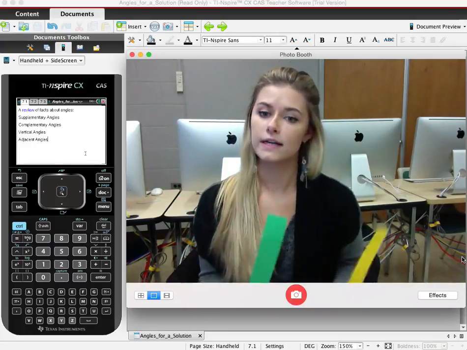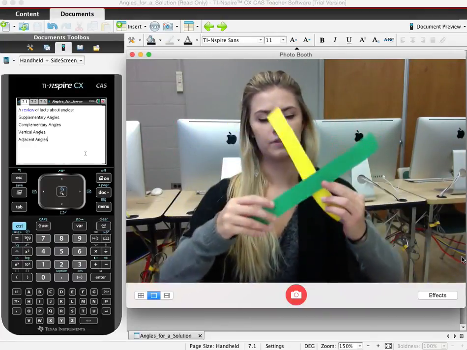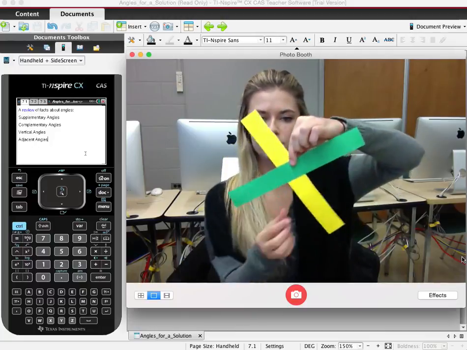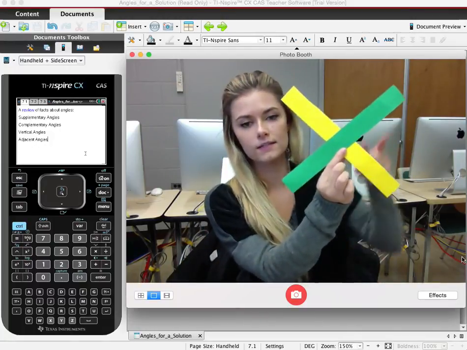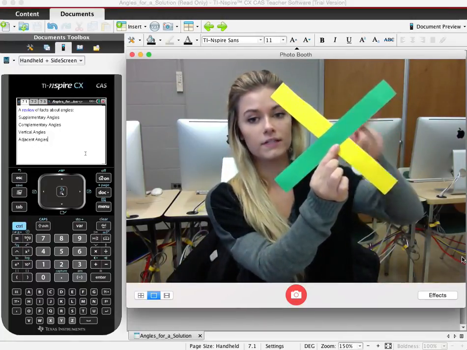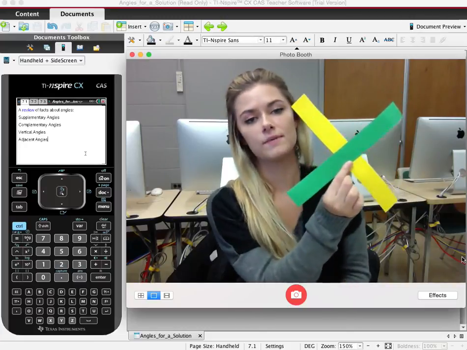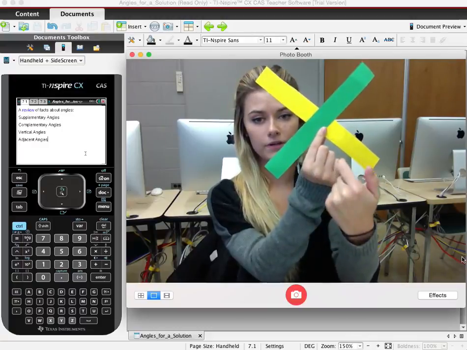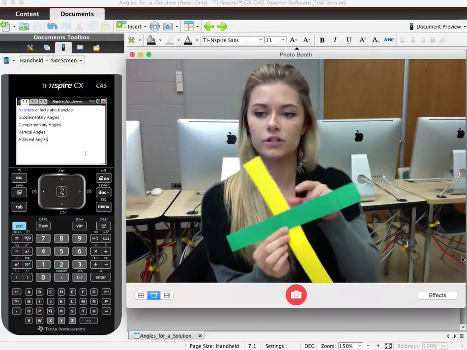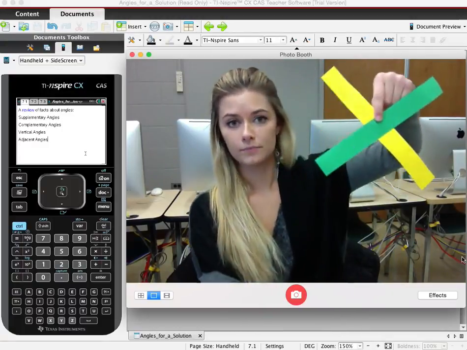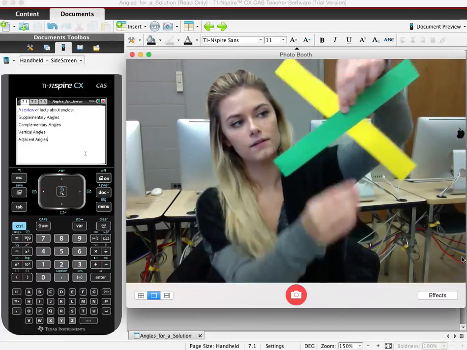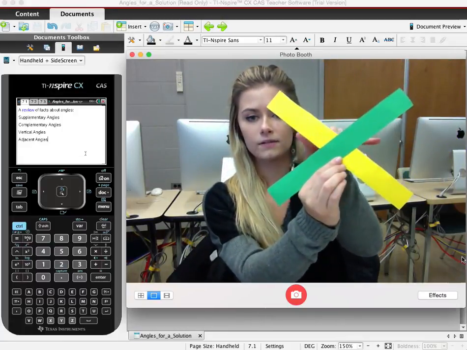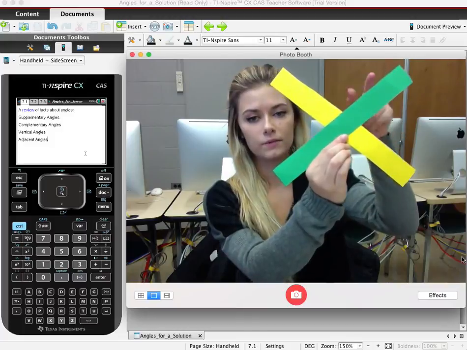And for vertical angles, we want to picture an X on our papers or on our calculator screen. So anytime we have an X, we know that this angle plus its opposite angle here are going to have the same exact measure. Just the same as this top one is going to have the same measure as the bottom one right here. And then for adjacent angles, we can still use our X example here because instead of looking at opposite angles, we're going to look at this angle plus the one that's right next to it.